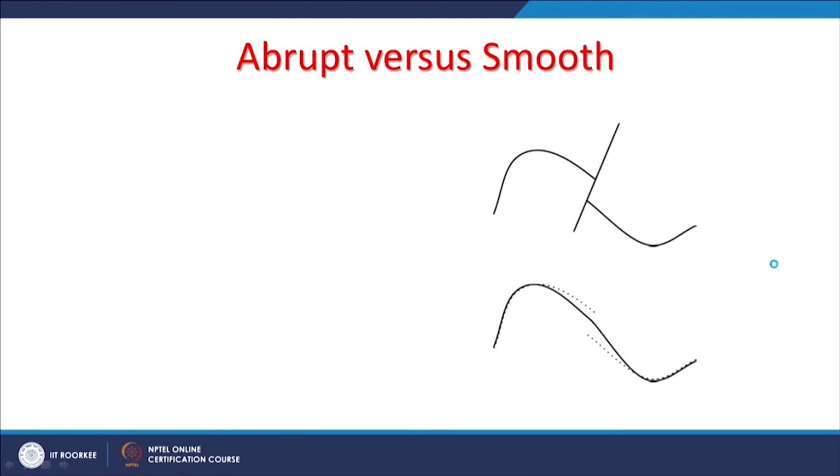So, abrupt versus smooth, if we look, and this is the example: if there is a barrier in natural conditions, there may be a stream, there may be a canal, and I am working from a groundwater point of view, then this is very important.